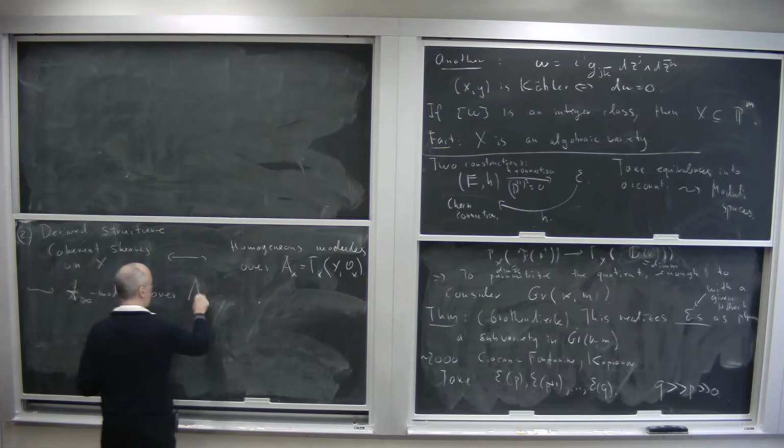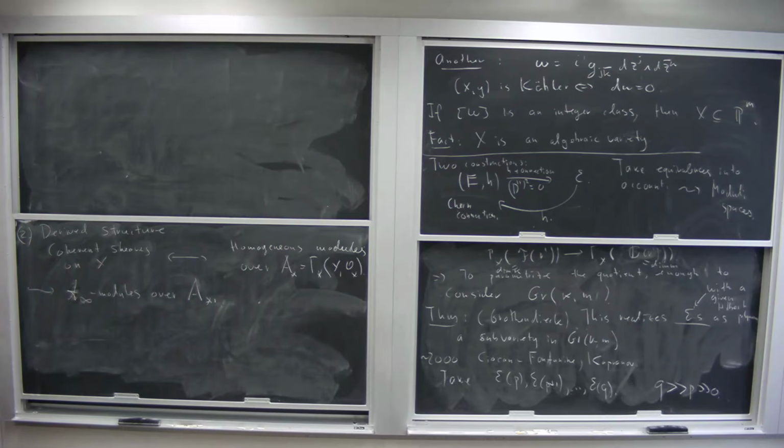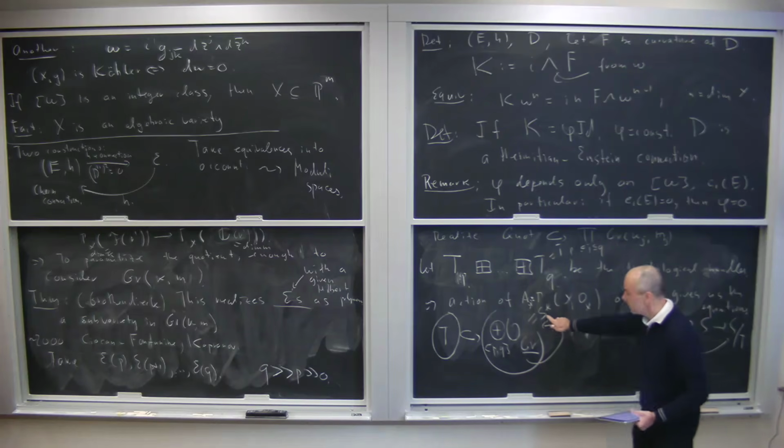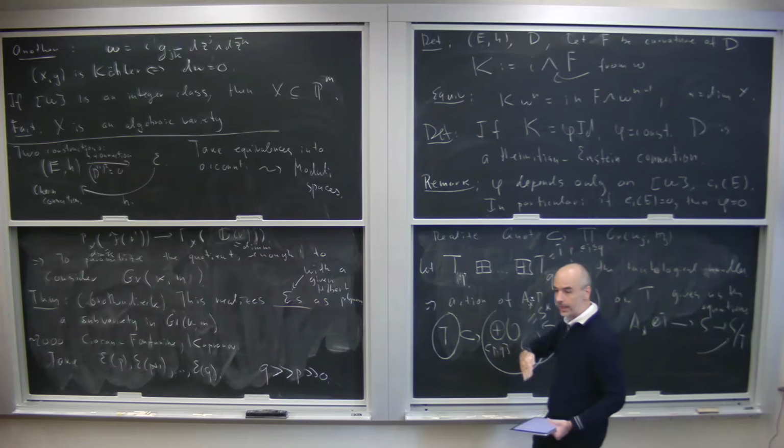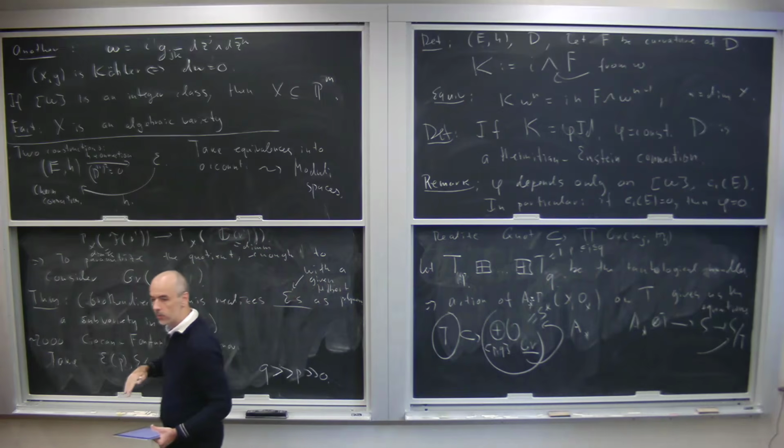over A star. So as before, here I will have T trying to be an A infinity submodule of this module, which is S. So S is naturally a module. T wants to be a subspace or graded subspace, so it's one subspace for each degree of homogeneity.